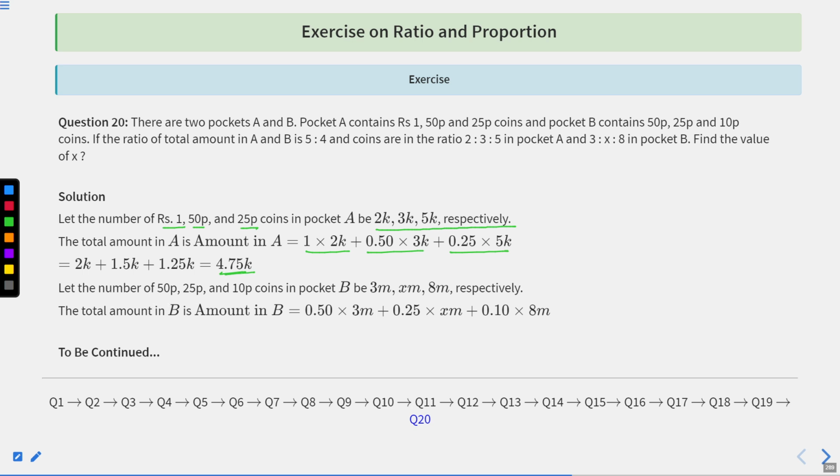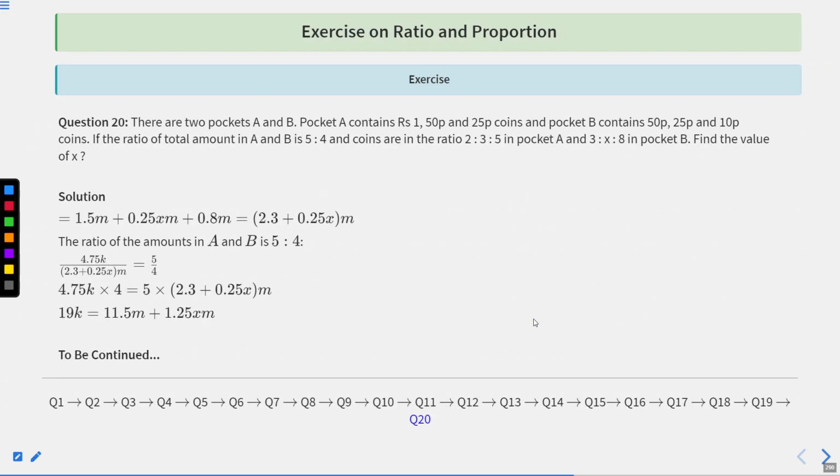Let the number of 50 paisa, 25 paisa and 10 paisa coins in pocket B be 3m, xm and 8m respectively. So the total amount will be 0.50 into 3m, 0.25 into xm and 0.10 into 8m. So when you take the sum, you will have 2.3 plus 0.25x, times m. So the ratio is 5:4.